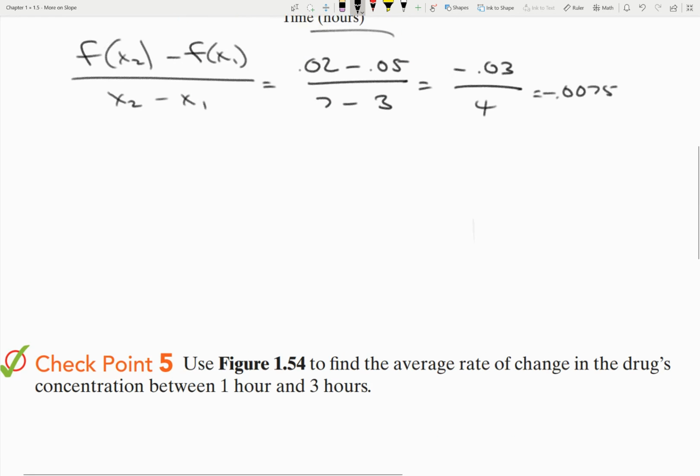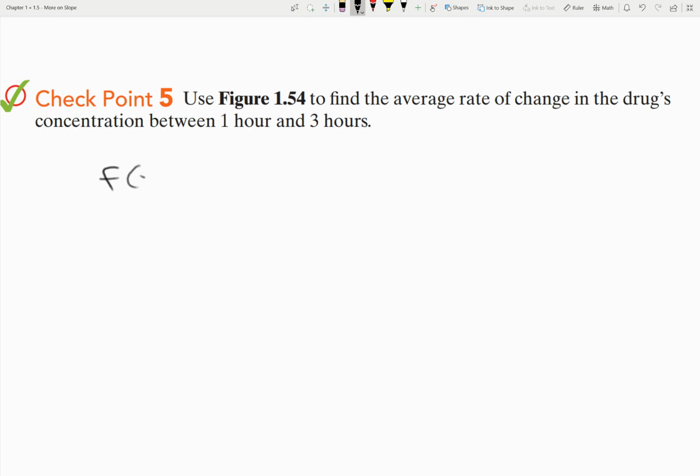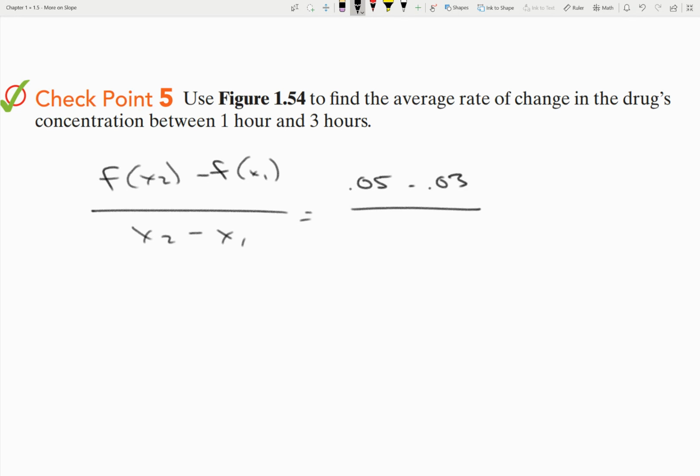All right, so my formula again is f of x2 minus f of x1 over x2 minus x1. But this time f of x2 is the 3 hours, so that's 0.05 minus 0.03, which we got from x1, and then it's 3 minus 1. So this is going to be 0.02 over 2.